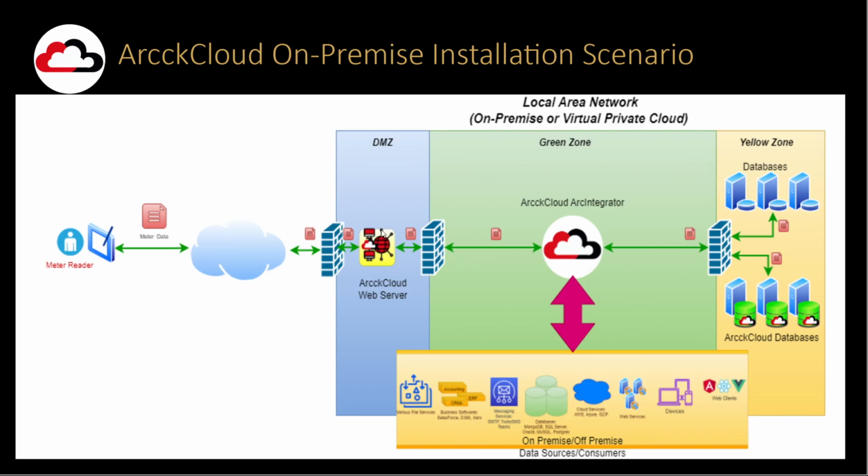You can expose the web APIs through our cloud web server installed in the DMZ, and that can be accessed by internet clients like a tablet. In this case, we have a meter reader accessing the web server to upload meter data, and that is sent to the ArcCloud ArcIntegrator web API and saved to the ArcCloud database.